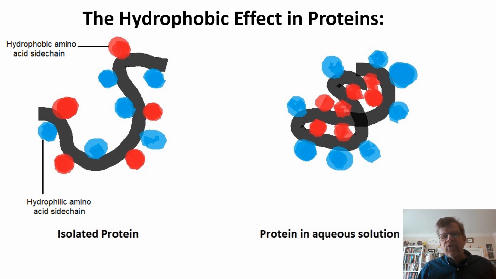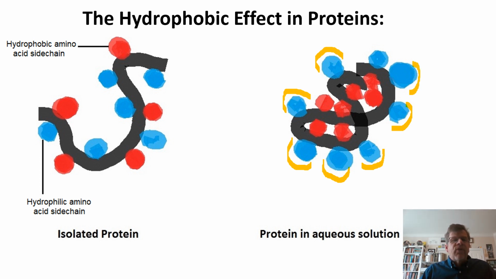So when this protein folds into its tertiary structure, we get something like the structure on the right, where all of the hydrophilic side chains are disposed outward on the surface of the protein, towards the water that this globular protein is literally dissolved in. More importantly, the red dots, which represent hydrophobic amino acid side chains, are disposed towards the center of that protein.